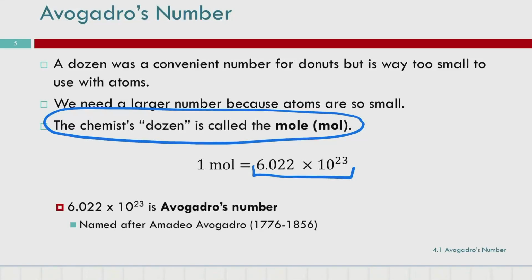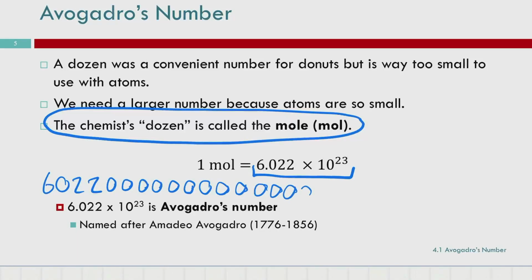Because if we didn't have scientific notation to put that number into our calculator, it would look like this. And that just wouldn't be very fun to write out on a piece of paper, much less to put into our calculator if it even let us put that number in.